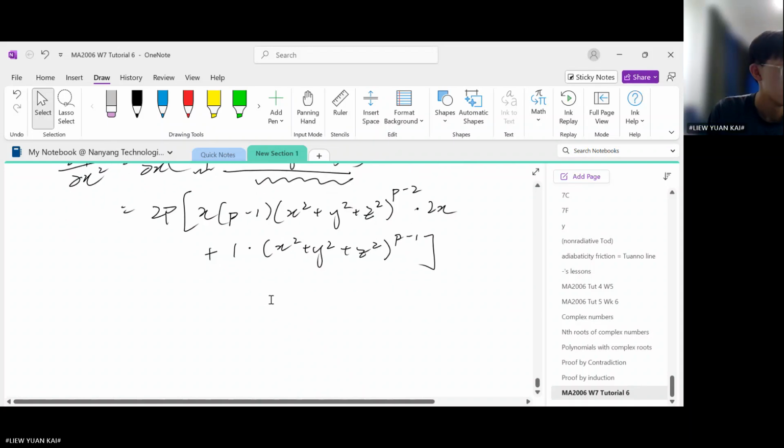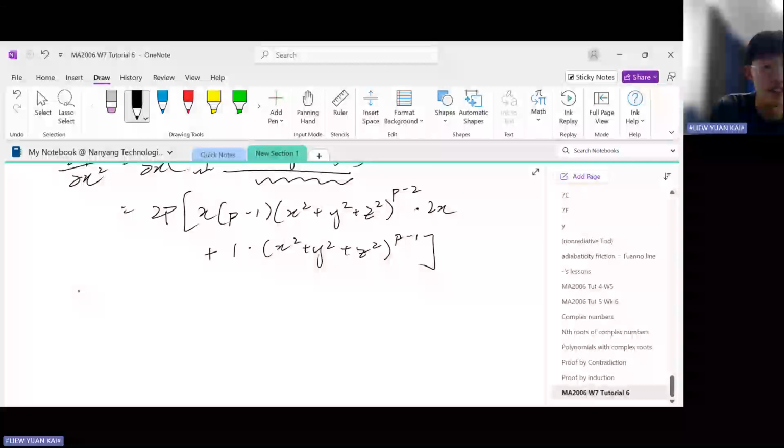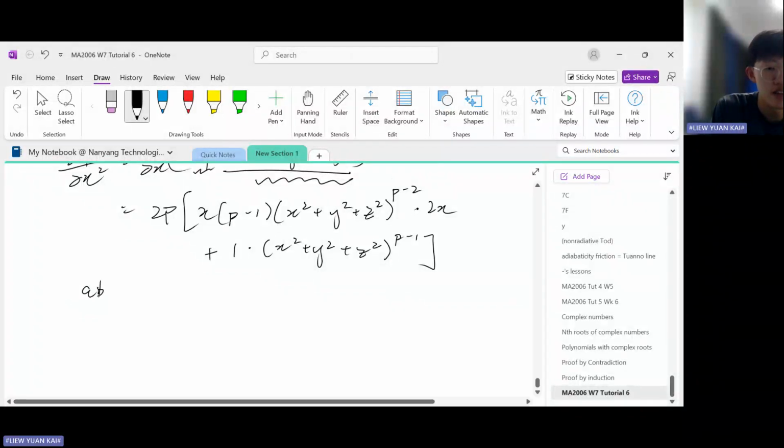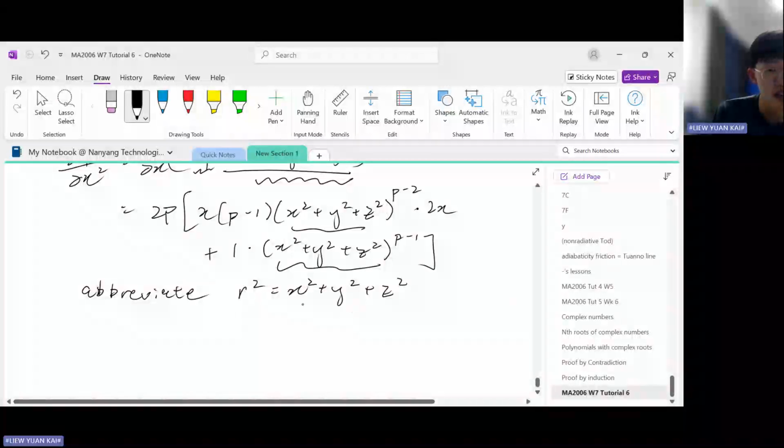Okay, to make my life simple, it's very long to write all this, so I will abbreviate x squared plus y squared plus z squared as r squared.